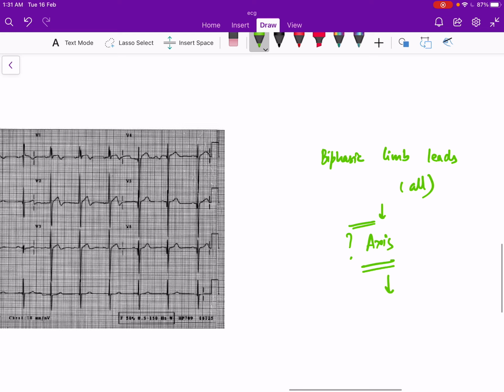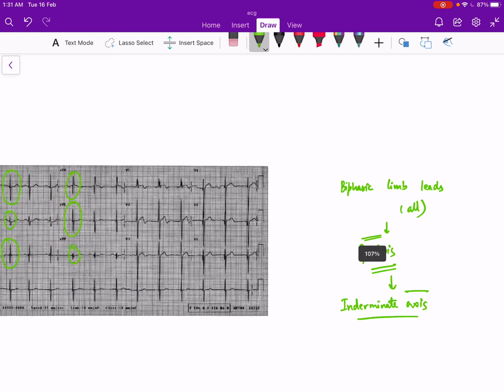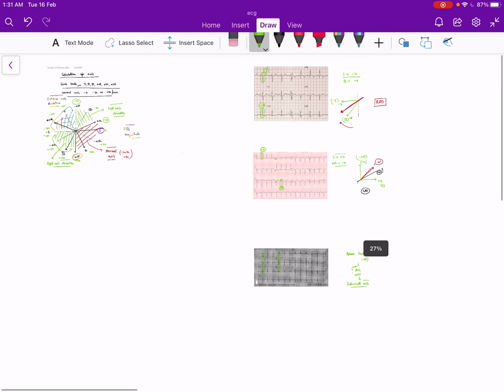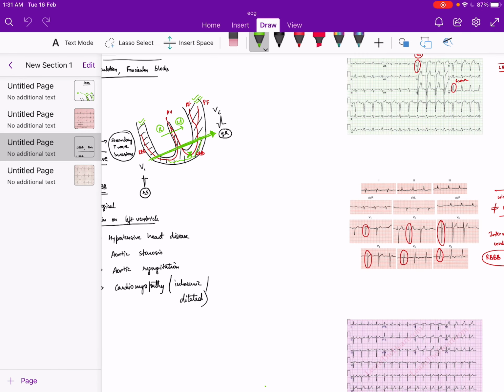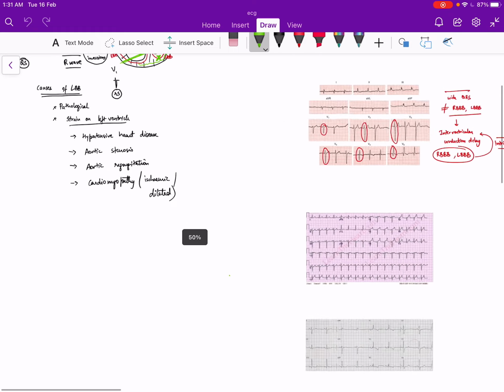In such cases, it is not possible to calculate the axis of the ECG, and we call it indeterminate axis. So using this, you can easily calculate the axis on the ECG. Now coming back to fascicular blocks.